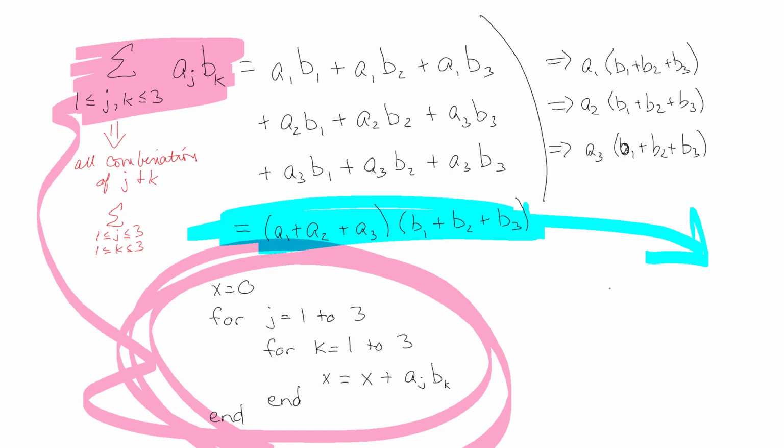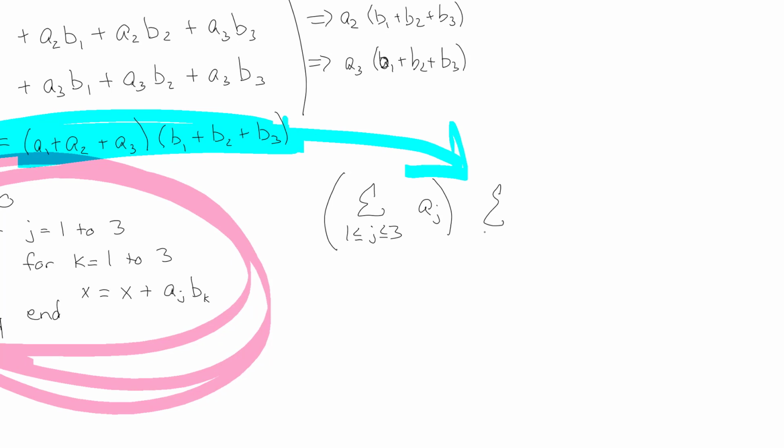So mathematically, what we're doing in that second one is we're summing for J going from 1 to 3 of A sub J, and then we are also going for K going from 1 to 3.